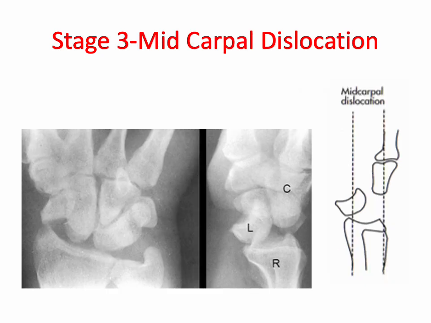So stage 3 in the perilunate instability is a mid-carpal dislocation. It can be a little bit confusing because some people describe perilunate or lunate dislocations as mid-carpal dislocations, but in the context of perilunate instability, mid-carpal dislocation represents stage 3, which is a rupture of the triquetral ligaments, where there is dislocation of the capitate from the lunate and the lunate subluxes from the radius.